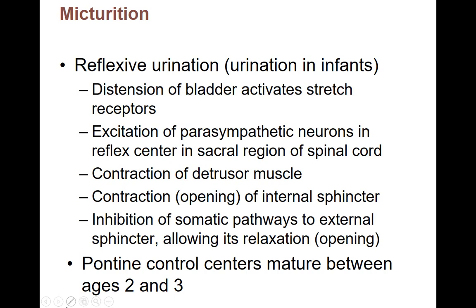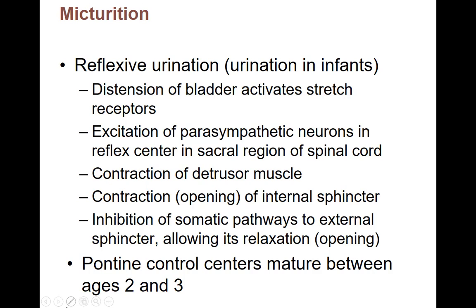Most of all of this, as we said already, is reflexive. We don't have control over it except that last part. So we call it reflexive urination, which in an infant is all you have, because they don't have control over that last step yet.